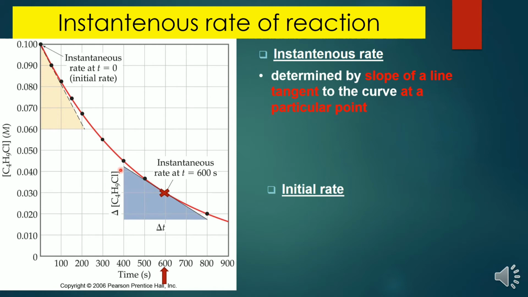Based on the slope of the line to the curve at 600 seconds, you get the gradient, so the instantaneous rate is equal to the gradient.